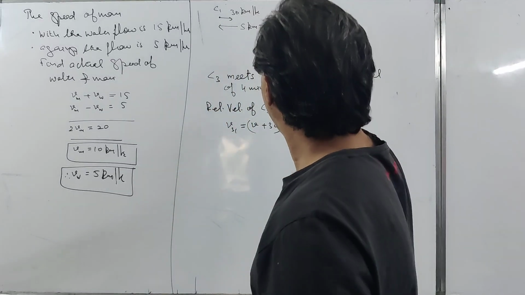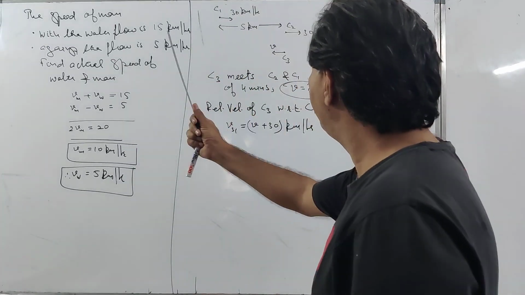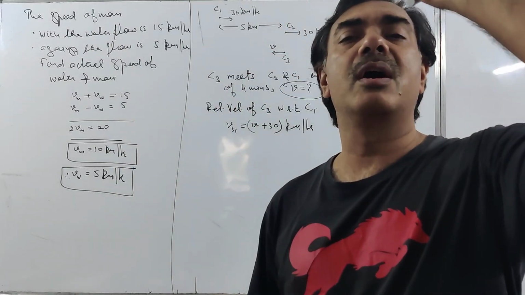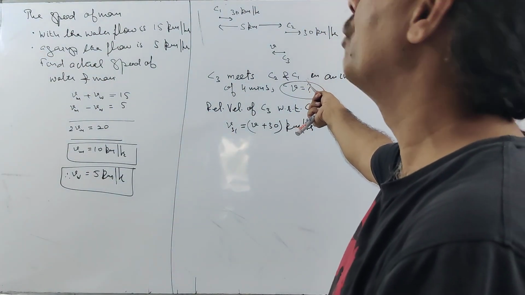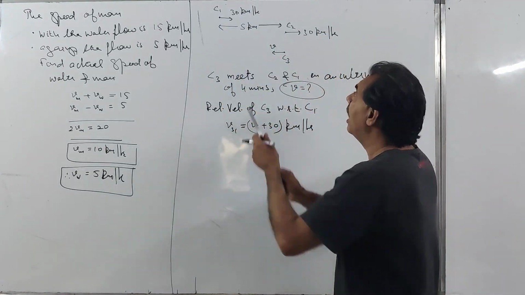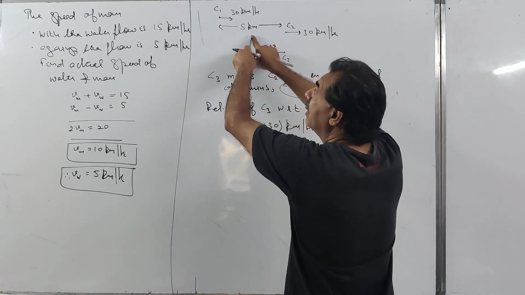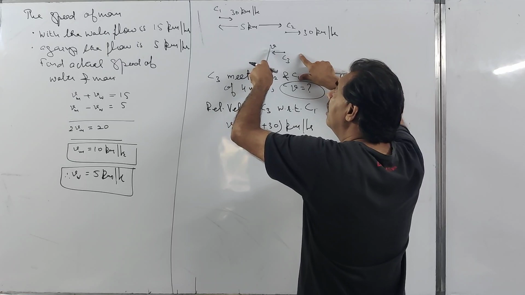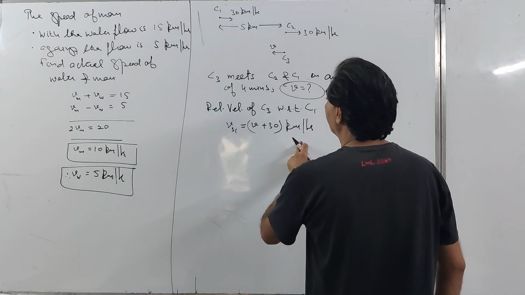Total distance traveled is 5 kilometers, but that 5 kilometers will be traveled partly by C3 and partly by C1. What we did was make C3 move the whole distance, because we assume that C1 is at rest and C3 is moving with the speed of V plus 30 kilometers per hour. So the total distance traveled will be 5 kilometers. Actually, C3 came from here and met somewhere; neither is at rest. We gave C1's speed to C3 using relative speed, so it is V plus 30 kilometers per hour.